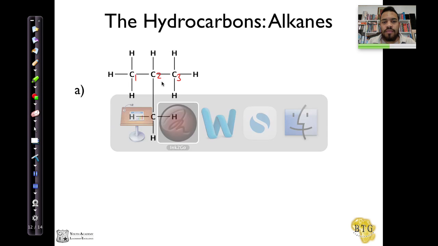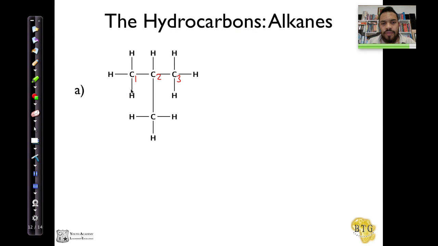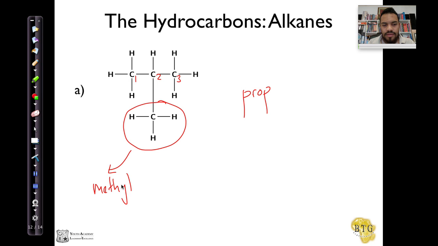Now if you go to your summary sheet, you can see that 3 carbons is prop. So let's go back. 3 carbons is going to be prop. Okay, and this carbon is sort of left out. That's a methane molecule appended to the main molecule, which becomes a side chain called methyl. When you have one carbon in this manner, it is called a methyl side chain.